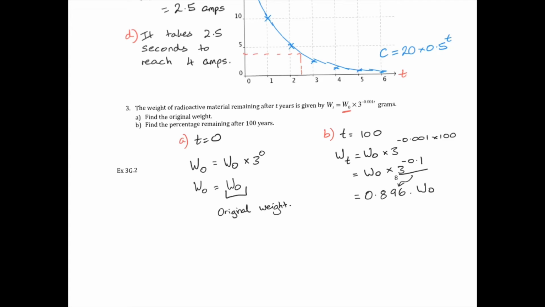So what does that mean? The new weight equals 0.896 times W0, or in other words, times the original, which equals 89.6% times W0, which is 89.6% of the original. So in other words, 89.6% remains.